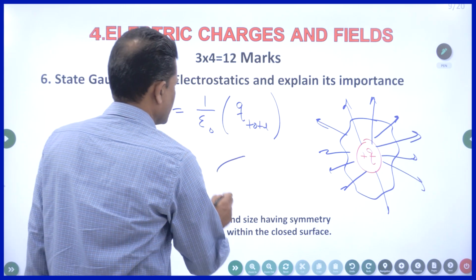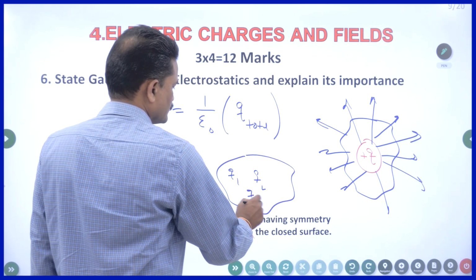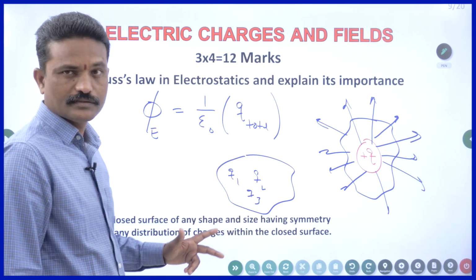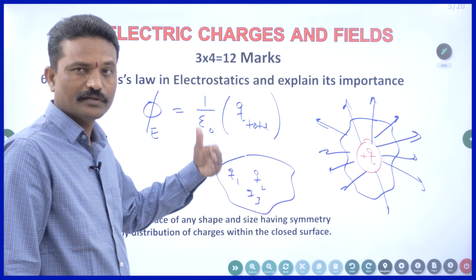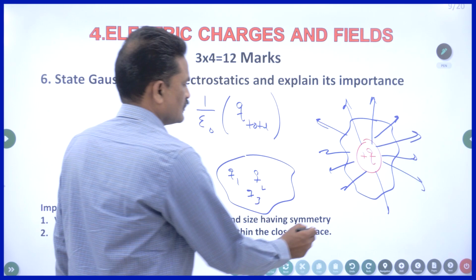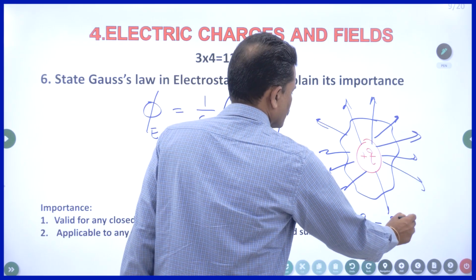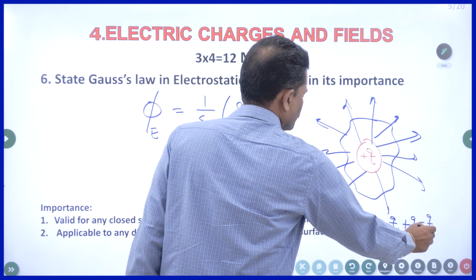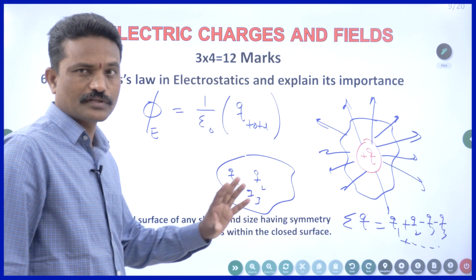Suppose there are many charges. So, Q1, Q2, Q3, you have to take the net charge. Some of them may be positive, some of them may be negative. That means you have to take the algebraic sum. So we write sigma Q. Sigma Q can be Q1, Q2, minus Q3, minus Q4, and so on. That is called the total charge.